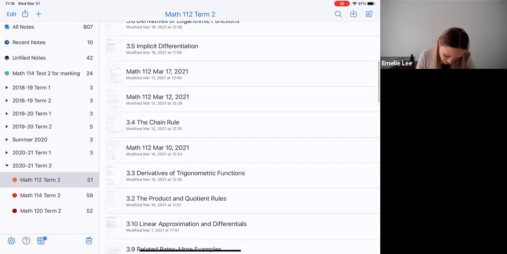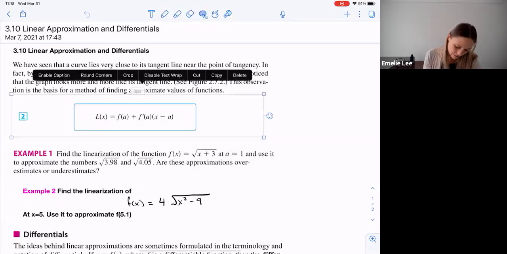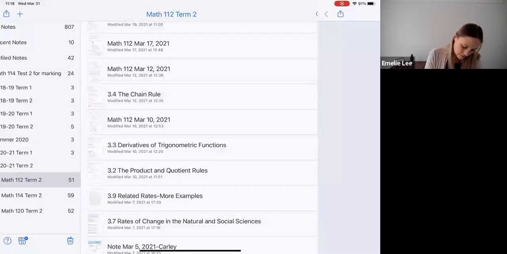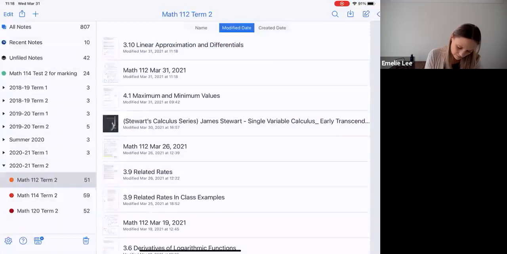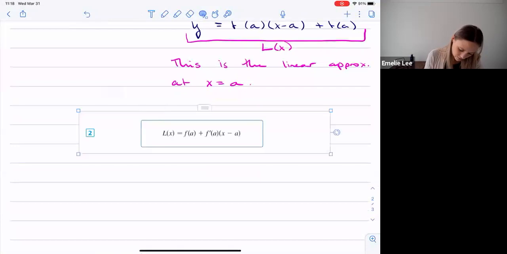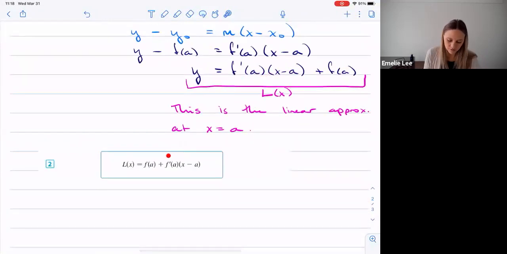Okay, I wanted to grab this one. What we have, and this is what we just developed, is a summary of what we just said. We're writing it as f of A plus f prime of A times x minus A, just reversing the order of addition. It doesn't change anything.